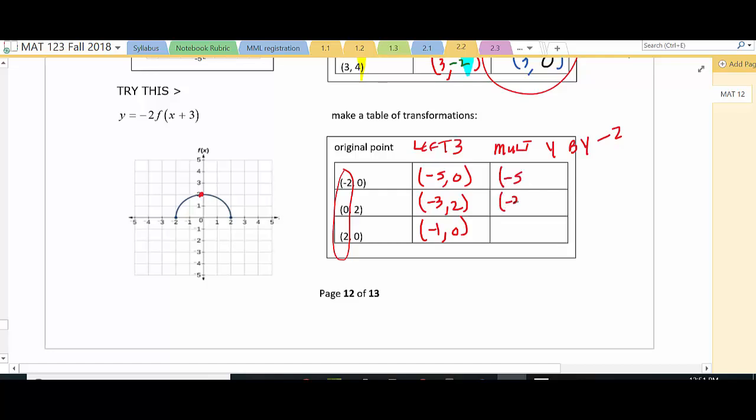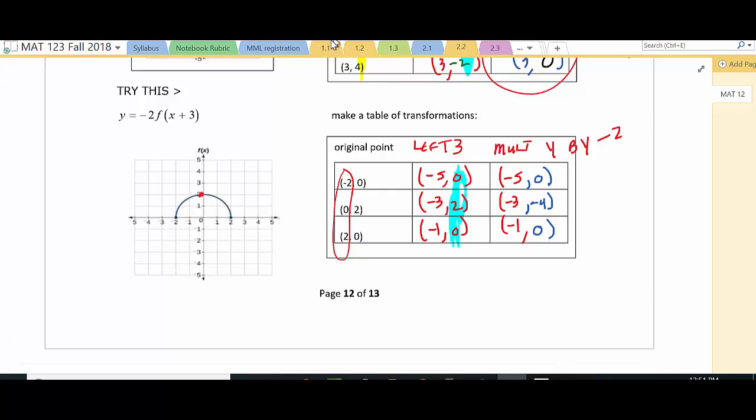The x values you should have plotted were -5, -3, and -1. And then just in your head, multiply those 3 numbers that I highlighted by -2. So 0 times -2 is still 0. 2 times -2 is -4. 0 times -2 is 0. How many people got those 3 points? Outstanding. So it's arithmetic, okay?